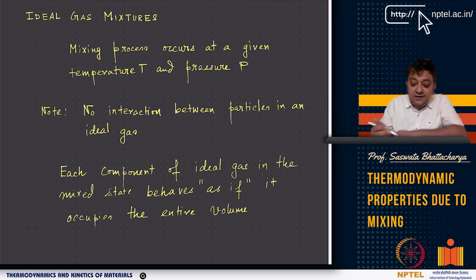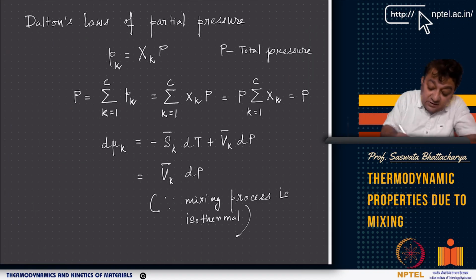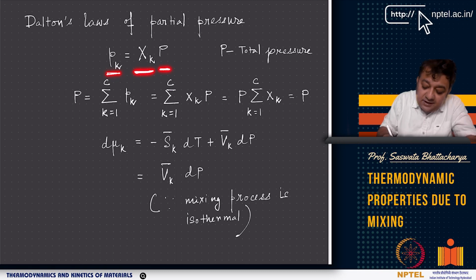Now, if you remember Dalton's law of partial pressures, what does it tell? The partial pressure of component k in an ideal gas mixture is proportional to x_k times P, where P is the total pressure and x_k is the mole fraction of component k. So the partial pressure equals the mole fraction times the total pressure. That's Dalton's law of partial pressures.